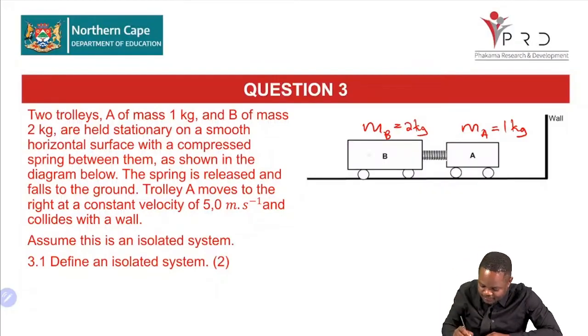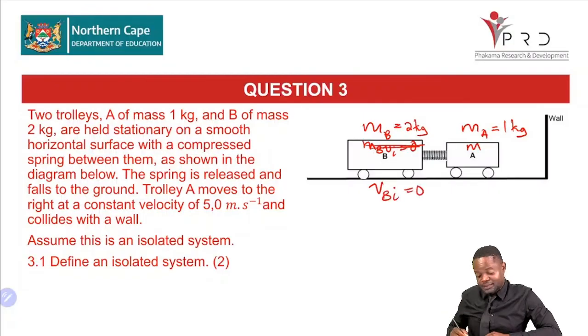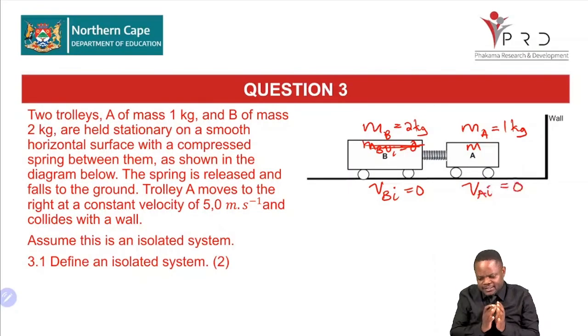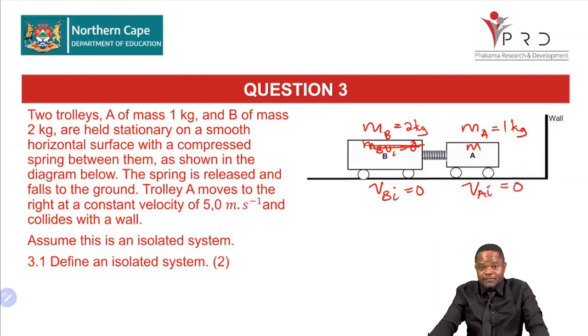It tells us the initial velocity of B is 0. And also the initial velocity of A is 0 because they are stationary. So already this is the information we are picking from the question.